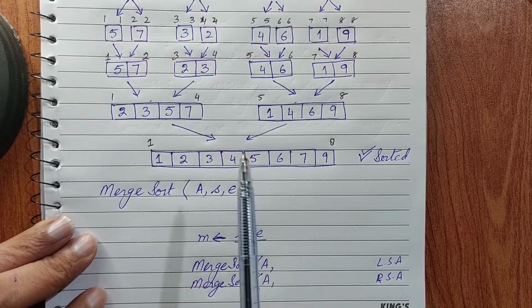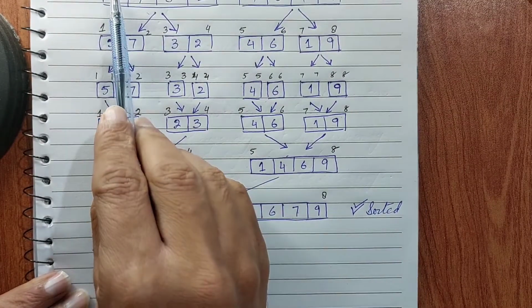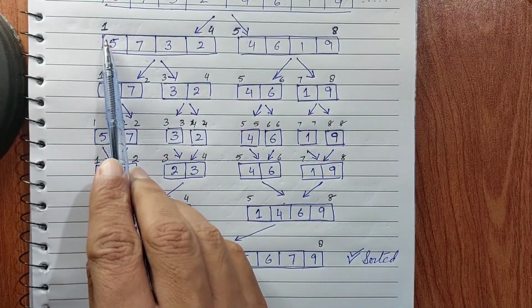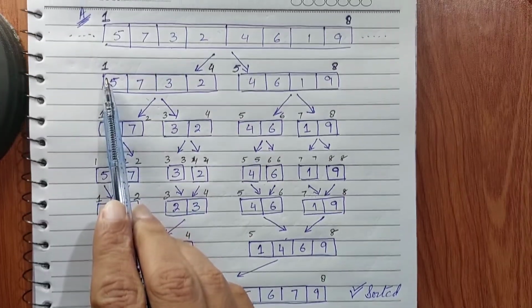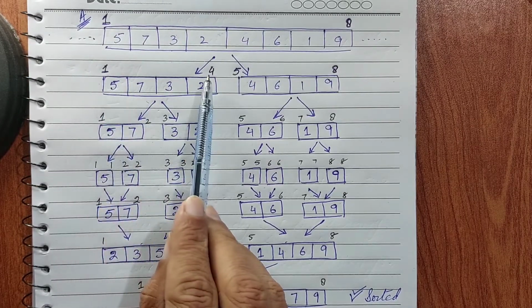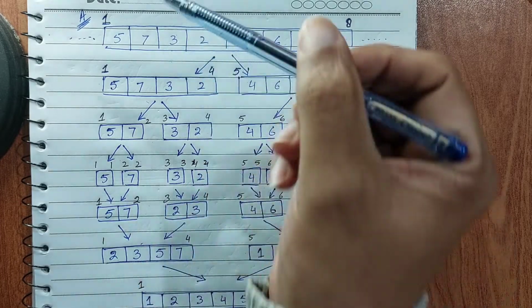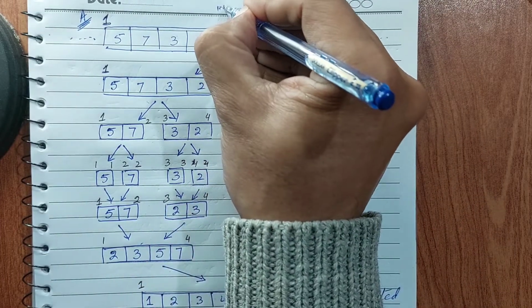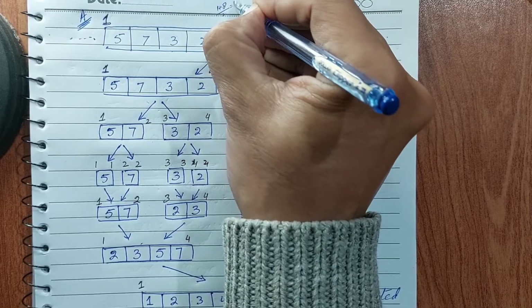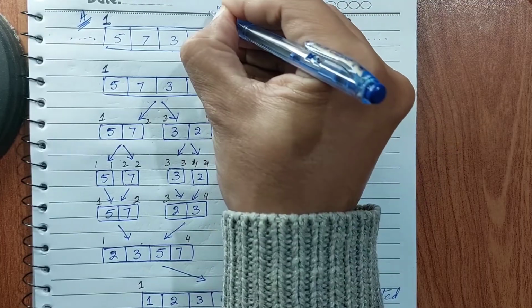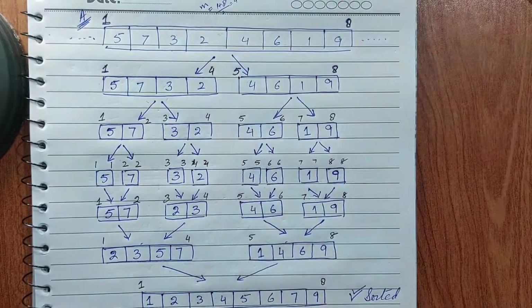Now if we see at this point, the starting index is 1 and the ending index is 8. If we calculate it, it is (1 plus 8) divided by 2, which is equal to 4. So that is the mid value.